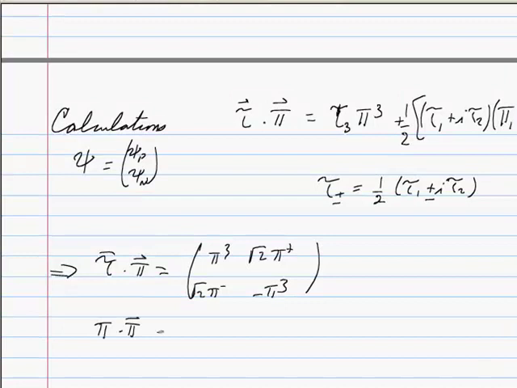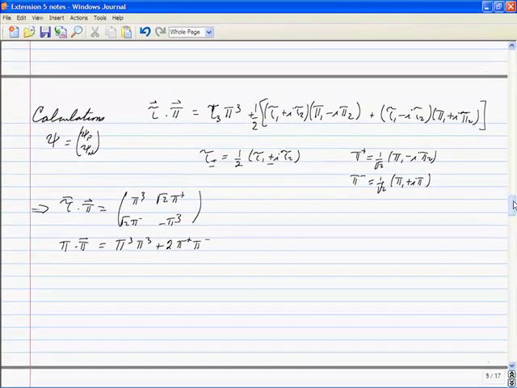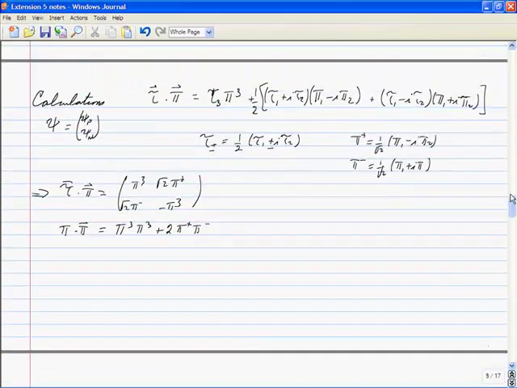Pi dot pi is then pi 3 squared plus 2 pi plus pi minus. So those are our pieces, and now the Lagrangian. These are real nucleons and real pions.